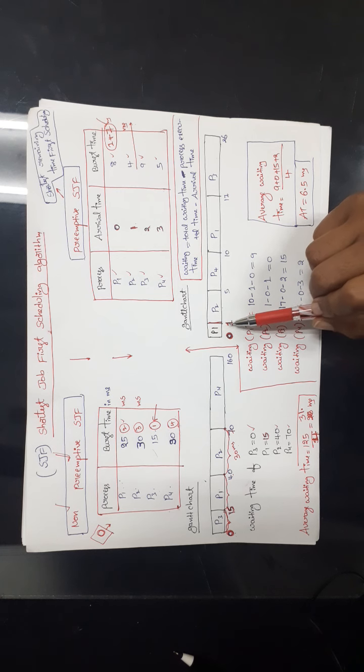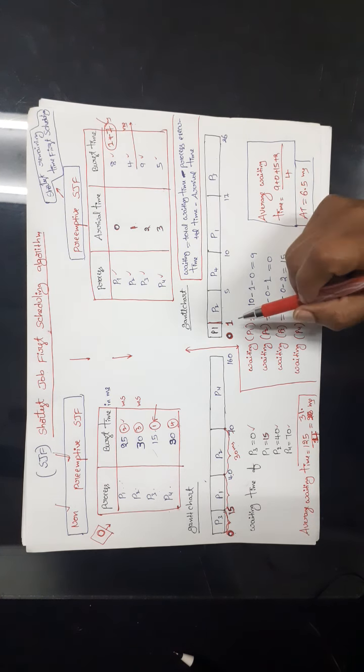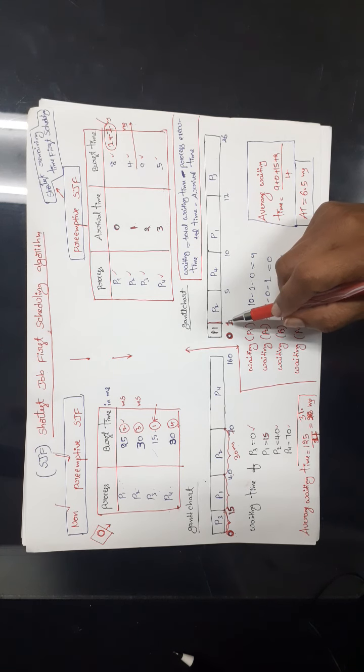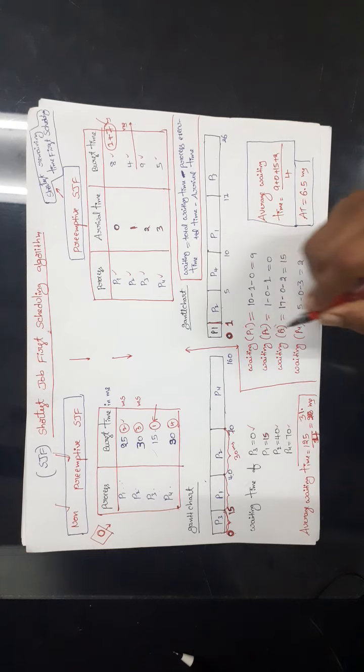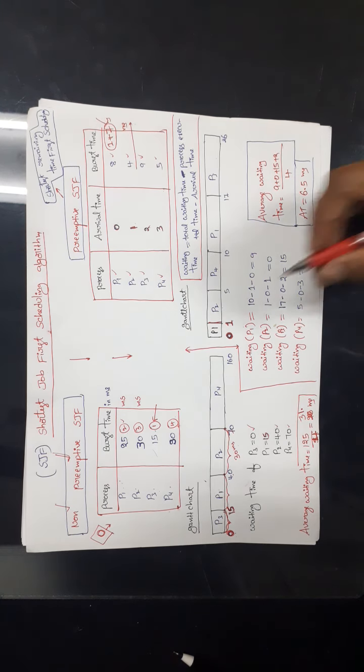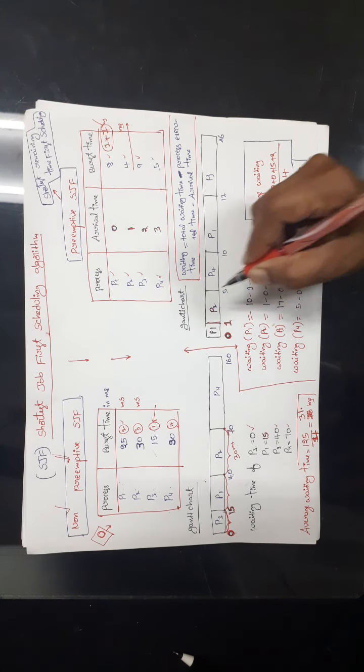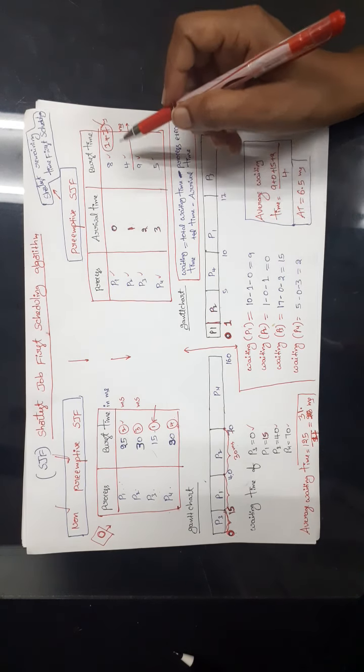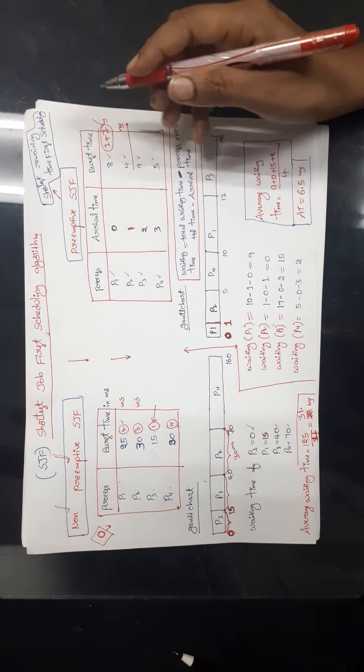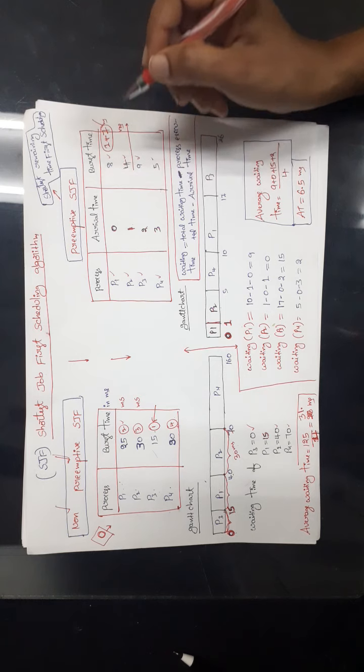Here P1 has not finished its execution, but we are taking the CPU away from it forcibly, and giving the CPU to process P2. It requires 4 milliseconds of CPU time.